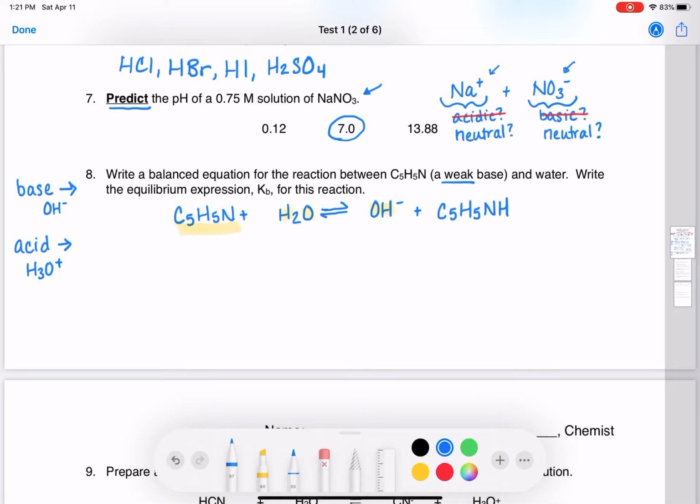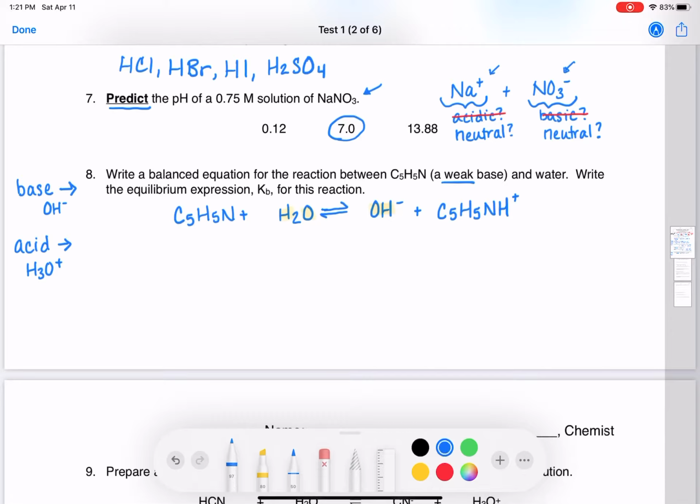And also don't forget the water, when it turned into OH minus, it lost a charge as well. Where did the charge go? It went to the C5H5NH+. So there is the reaction balanced.